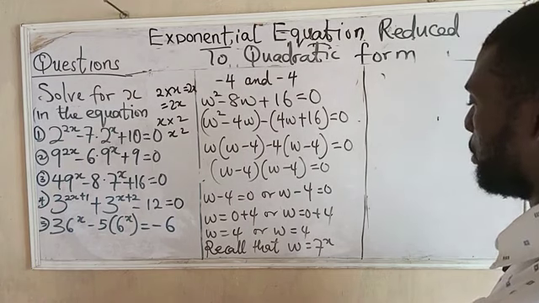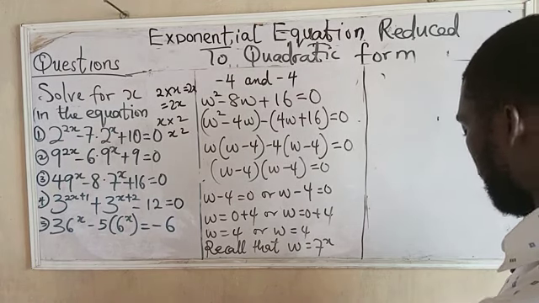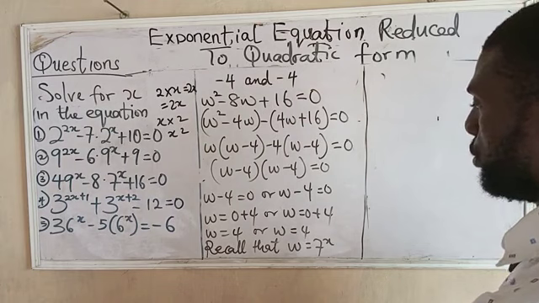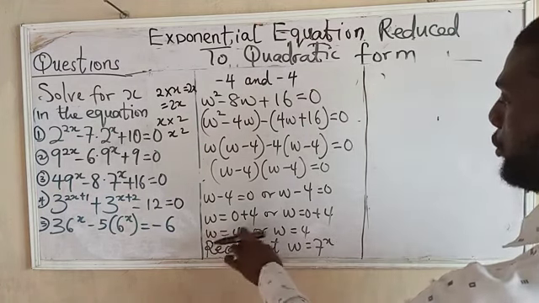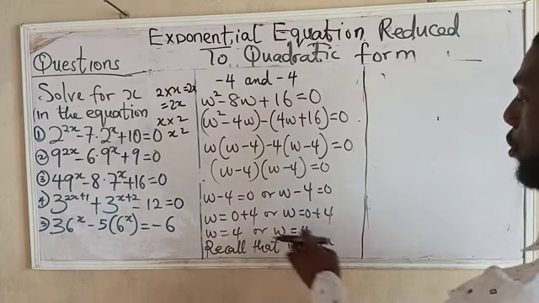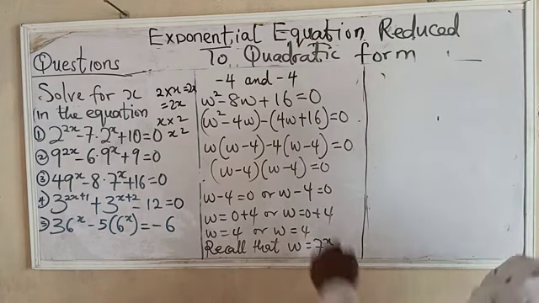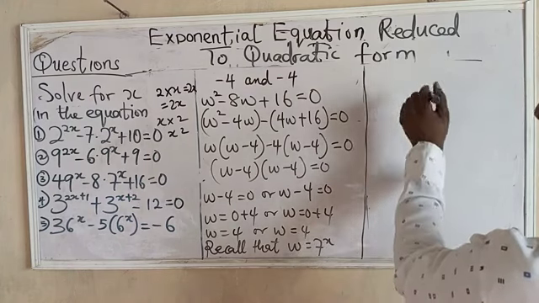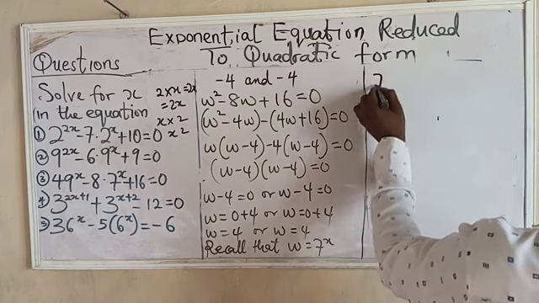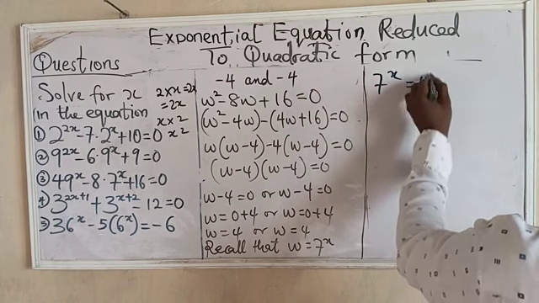So if w equals 7 raised to power x, it means that we are going to substitute 7 raised to power x for w, where w equals 4. So we have 7 raised to power x equals 4.